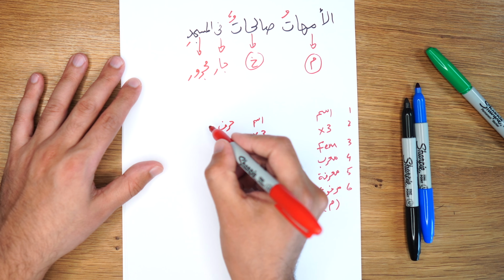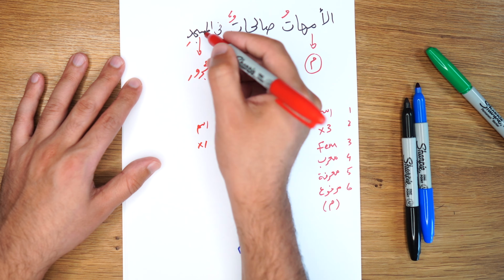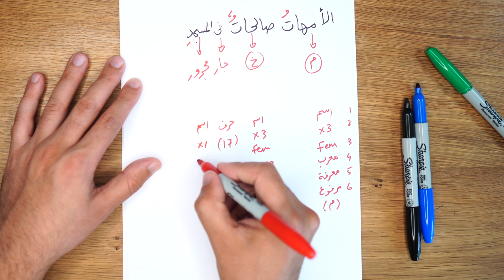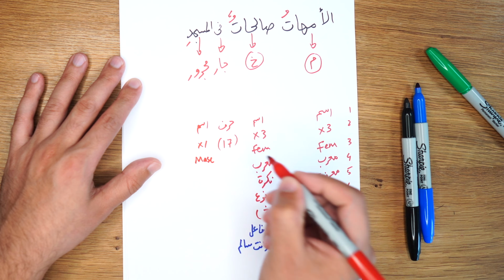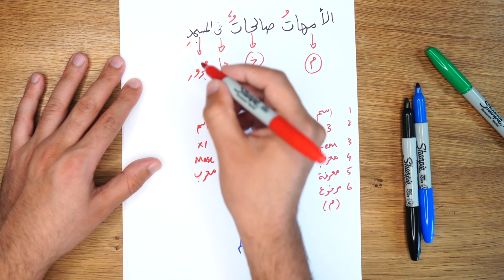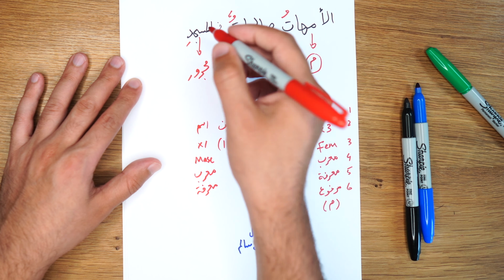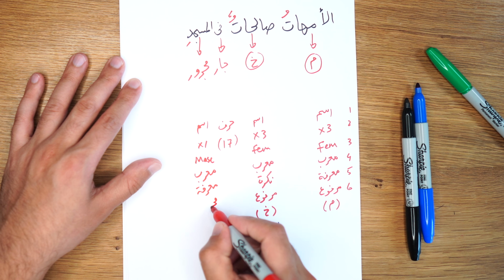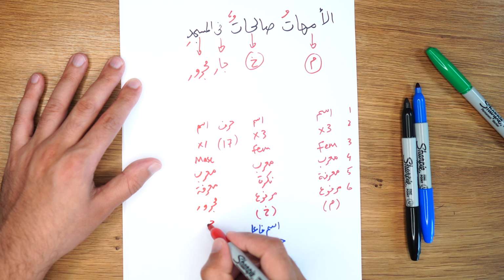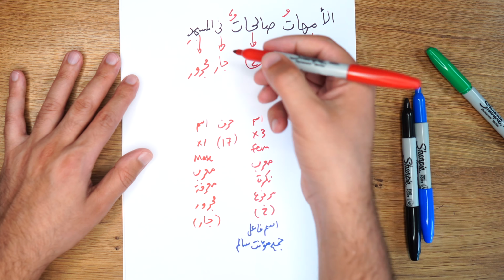It's also an ism, and it's times 1 because the plural is masajid, and it's masculine. It's also mu'rab. Mu'rab means the vowels change. It's ma'rifah because it has an al, and it's majroor because of harf jar. So that's again this word over here.